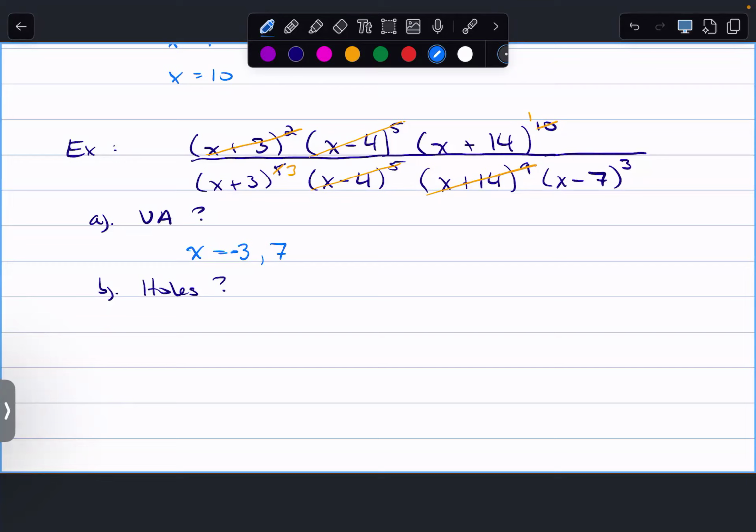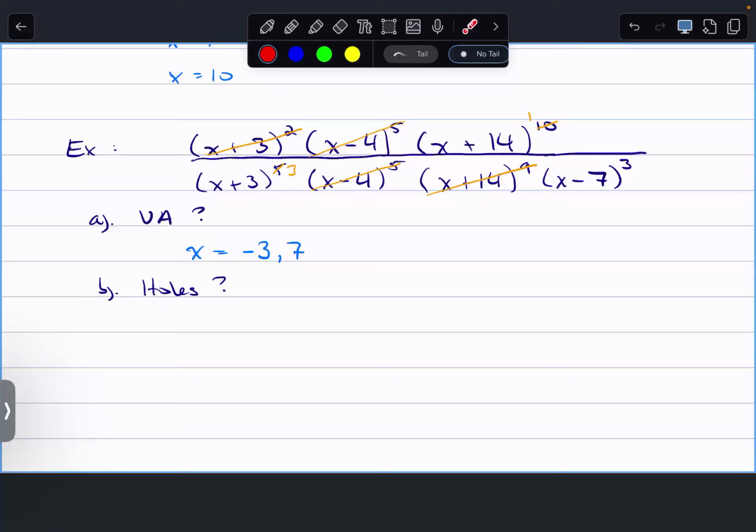The holes will be at, let me just rewrite this here. The holes will be at the values where you would have had a vertical asymptote if you weren't able to cancel it out. And so in this case, x equals 4, even though they both cancel to 1, they were there in the original equation.